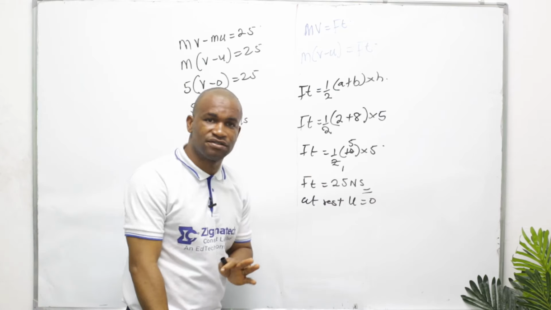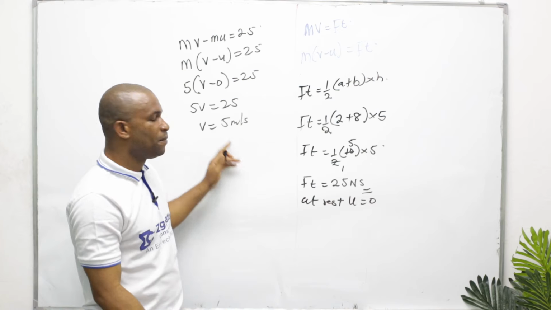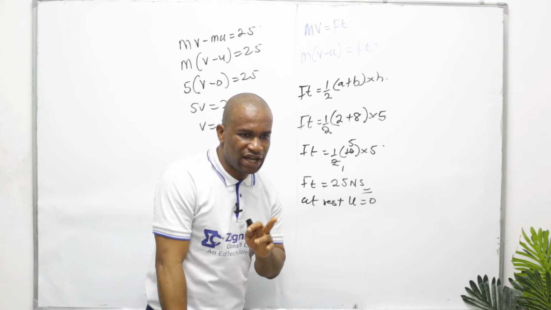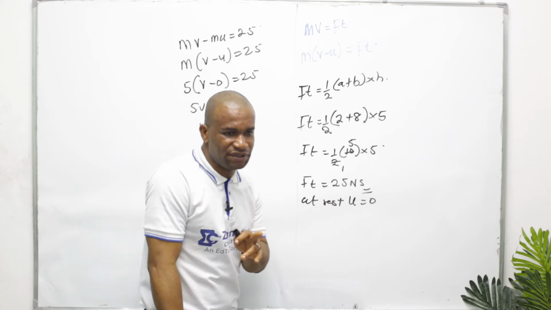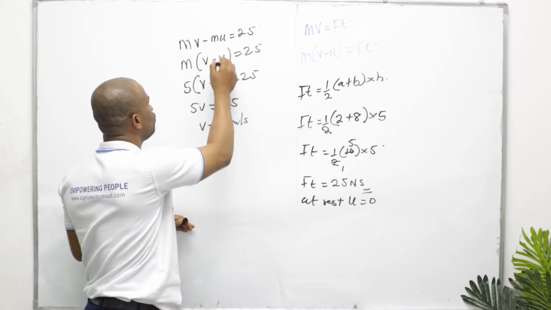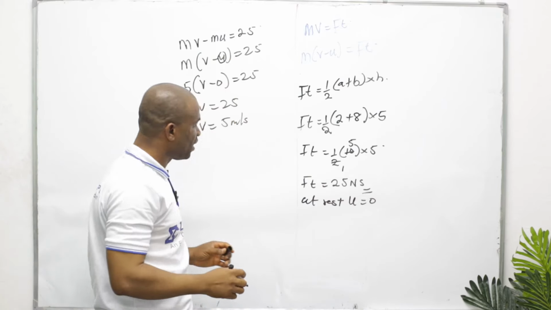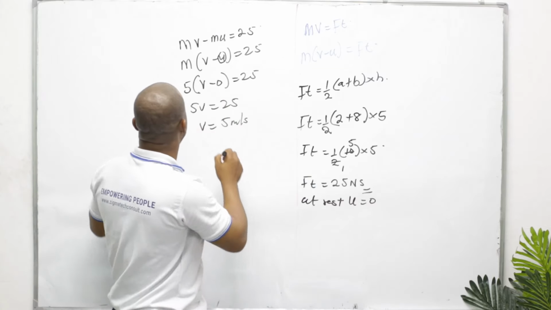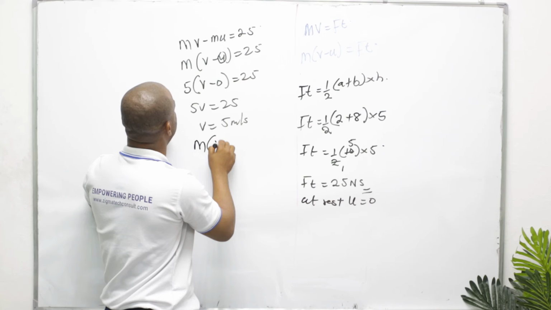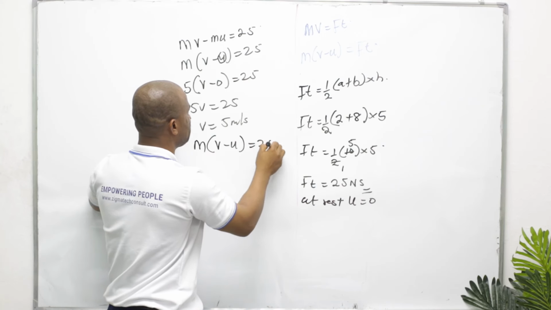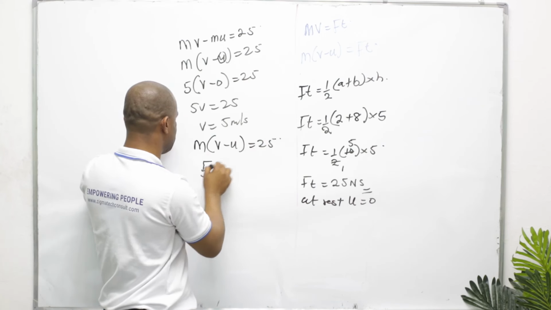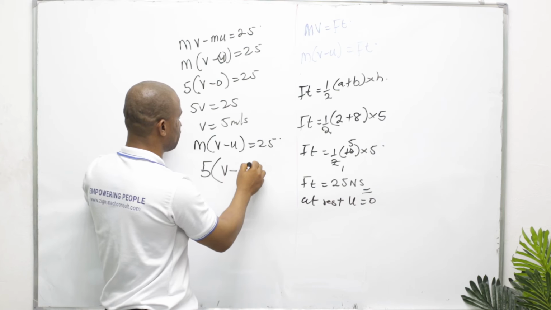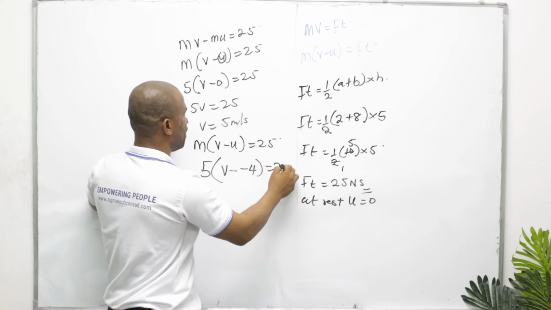5 meters per second, that is v. Now another one said, and when u is minus 4. So I'm going to go to this u, put minus 4 there. Then I will have m bracket v minus u is equal to 25. So this is 5 bracket v minus minus 4 is equal to 25.